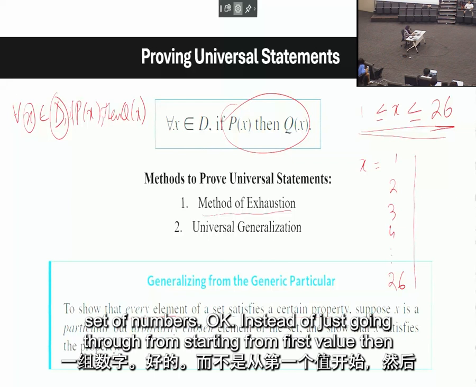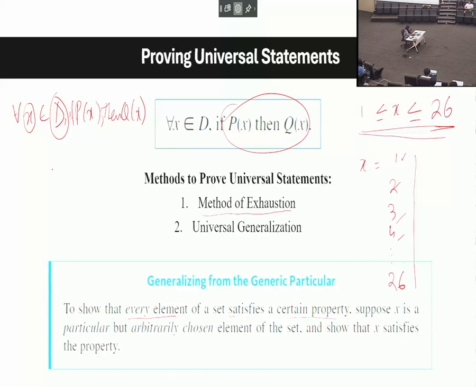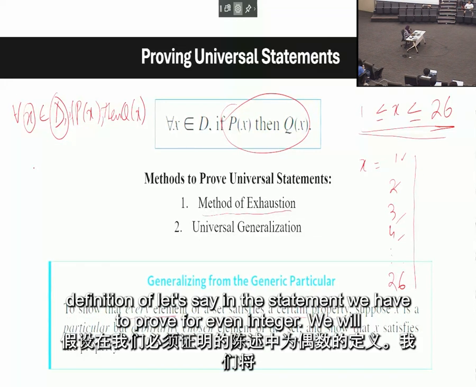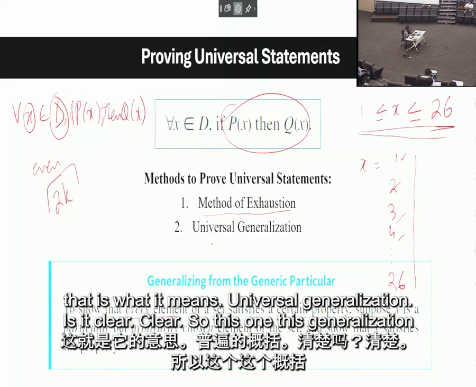Instead of starting from the first value and going through each value one by one, we just use the definition. Say in the statement we have to prove something for an even integer, we simply take its definition, its symbolic representation, plug in the value, and then prove it. Okay, so that is what it means. Universal generalization. Is it clear?